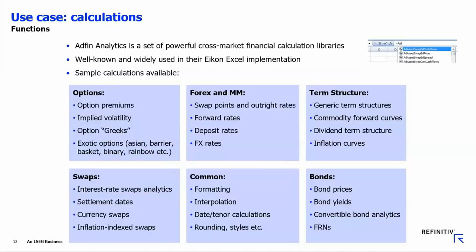By using ATS, users can replicate these calculations server-side, allowing any application to subscribe to the resulting real-time outputs. Sample admin calculations include the following categories as shown. This includes options, swaps, forex and MM, common, term structure, and bonds. For more information on functions, you may refer to the ATS third-party integration guide on the MyRefinitiv website. Next slide, please.